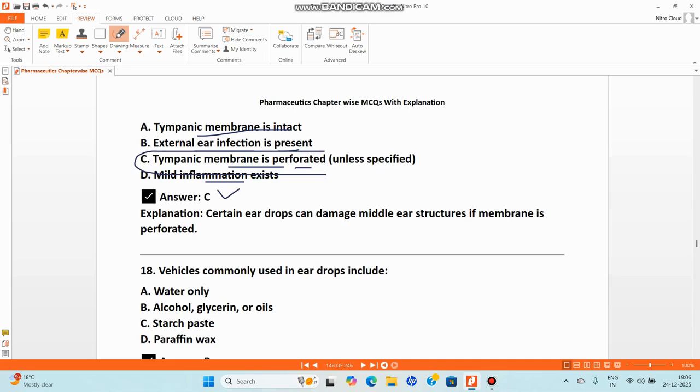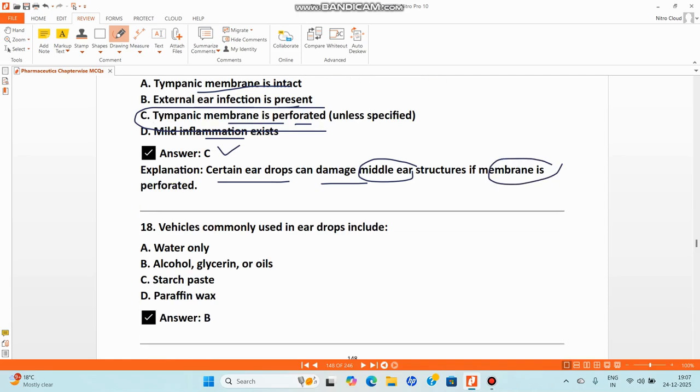The answer is that the tympanic membrane is perforated, because certain ear drops can damage the middle ear structure if the membrane is perforated. Next, vehicles commonly used in ear drops include B, alcohol, glycerin or oil.